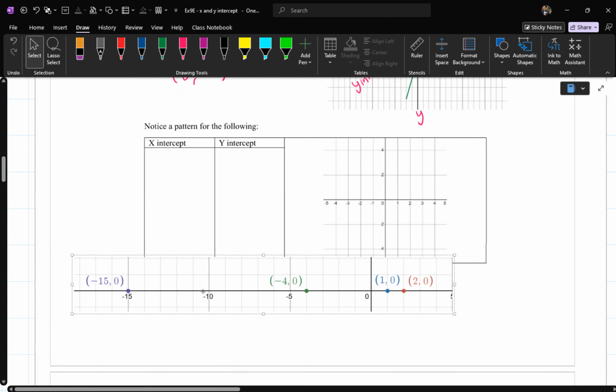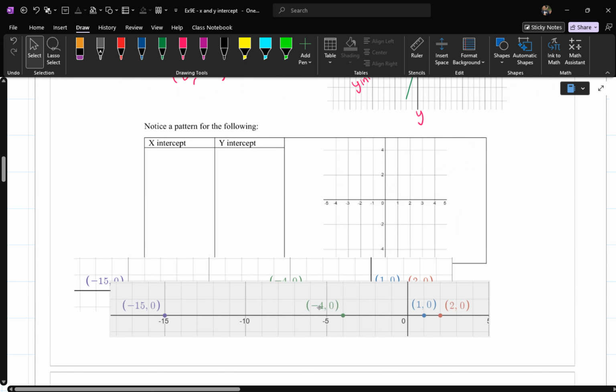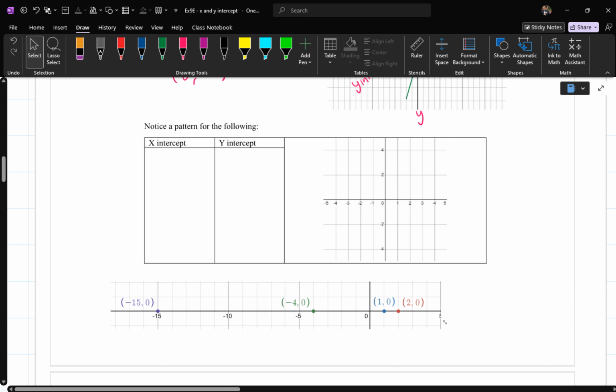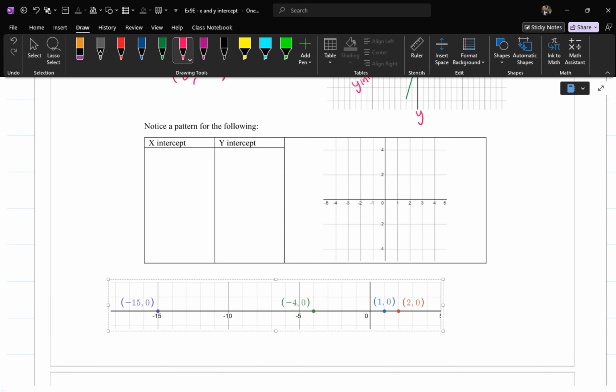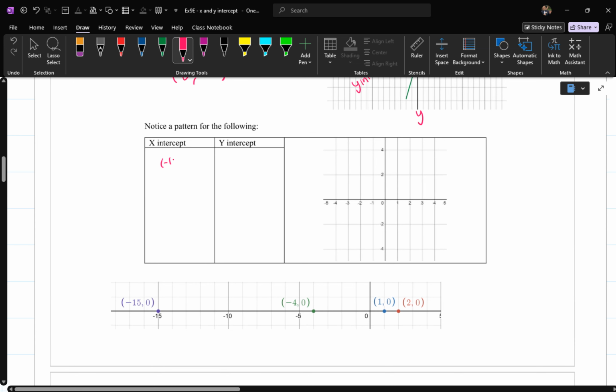I picked out 4 random coordinates. The x-intercepts were (-15, 0), (-4, 0), (1, 0), and (2, 0). And what's the pattern about them all? What do they all definitely have?